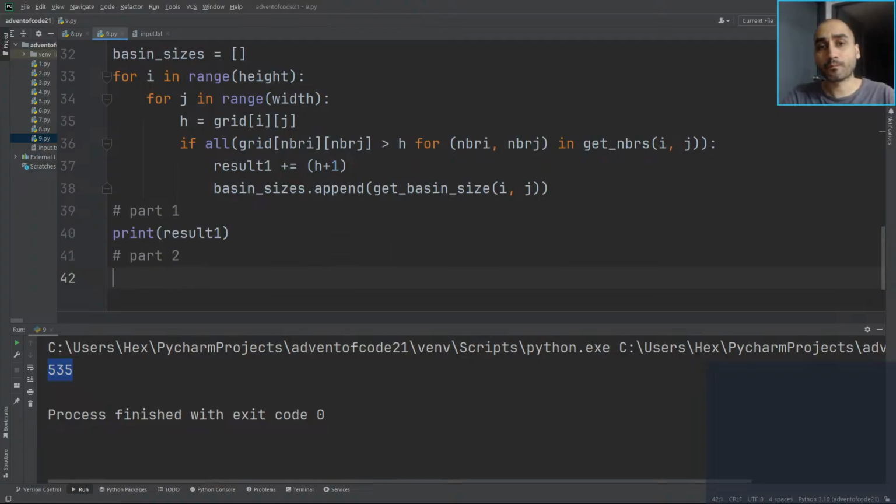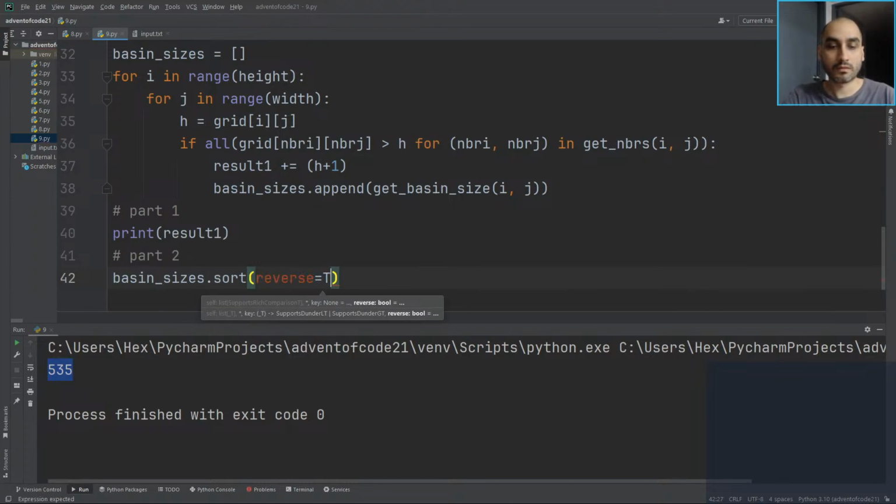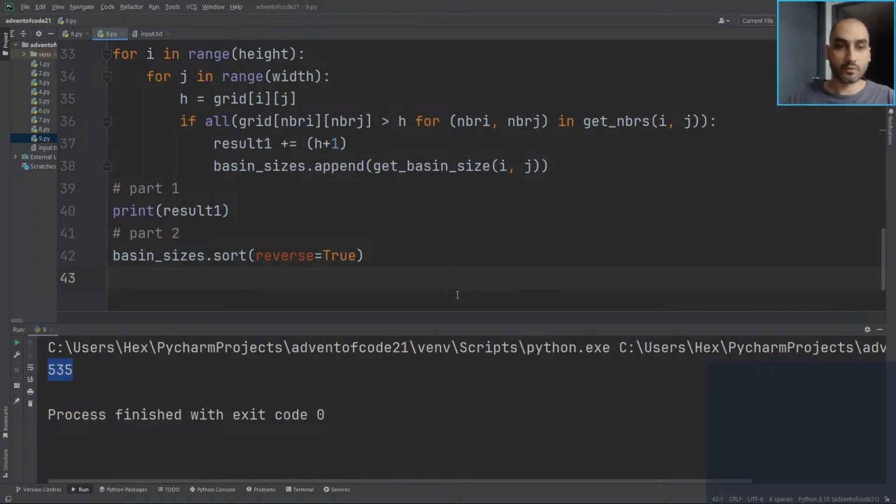And then basin sizes dot sort. Reversed. So we start with the biggest. And then we want to print basin sizes 0 times basin sizes 1 times basin sizes 2.